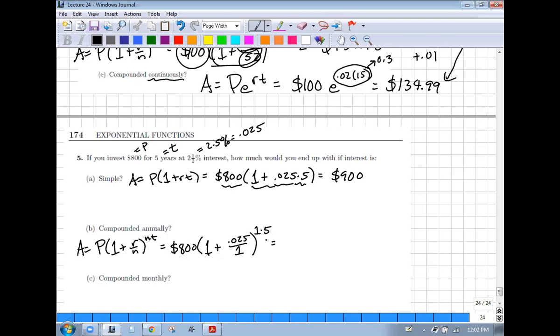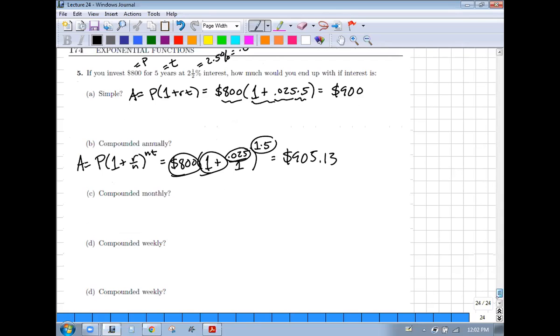So if I'm going to figure this out on my calculator, I start here. 0.025, divide by 1, add 1, raise it to the 5th power, and now multiply by 800. And we get $905.13. So we got an extra $5.